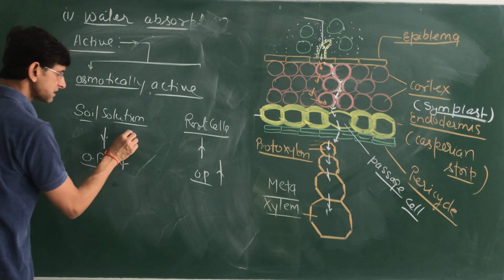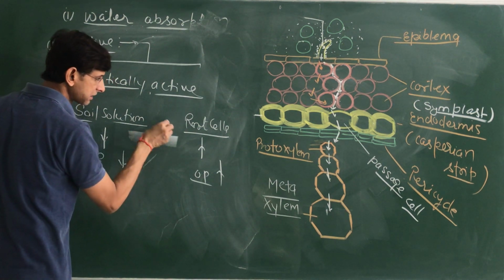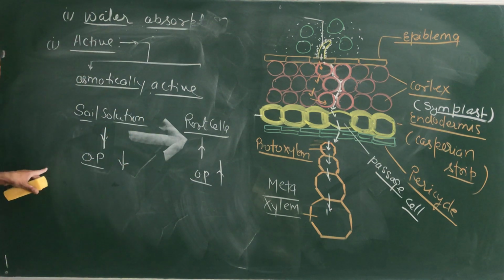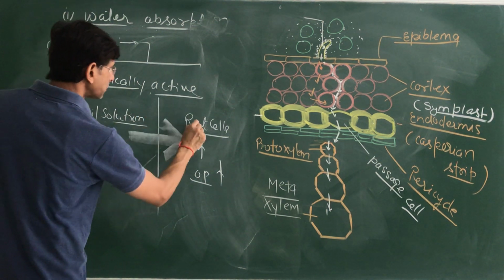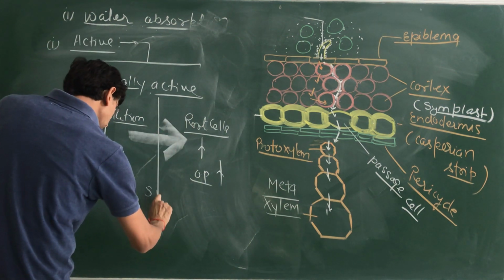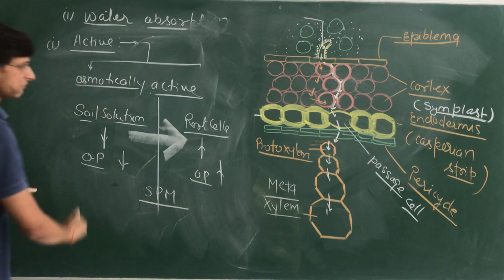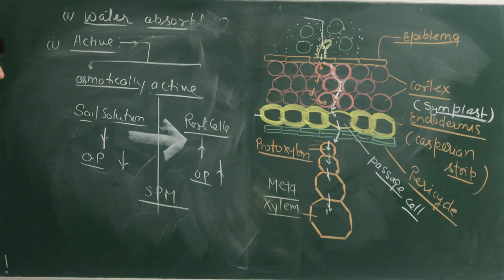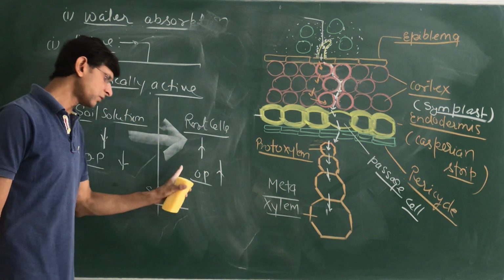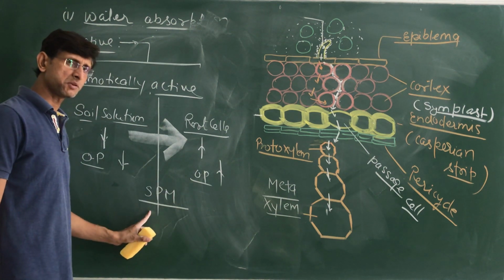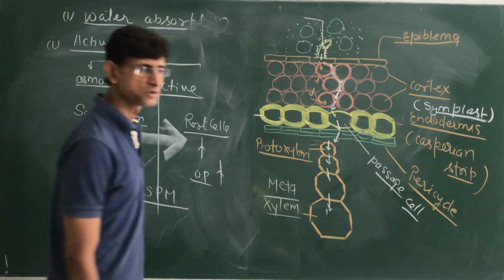So this maintains the osmotic concentration gradient. That's why water enters from soil to root, through the membranes of root cell, which act as semi-permeable membrane. And when water goes from its higher concentration to the lower concentration through semi-permeable membrane, the process is called osmosis.